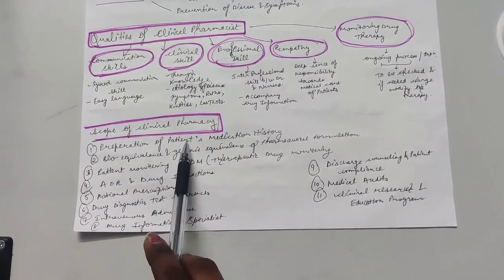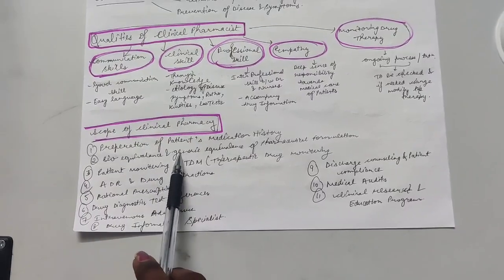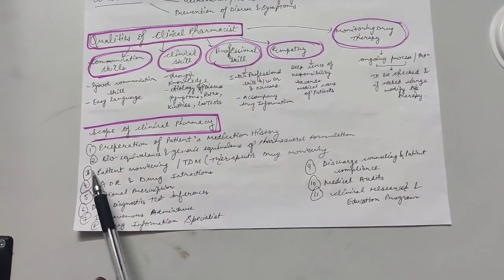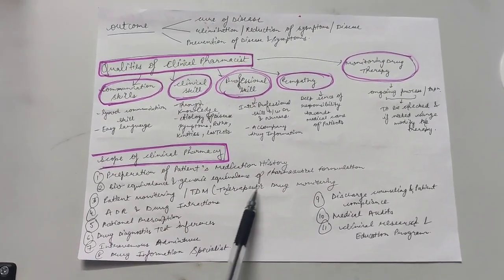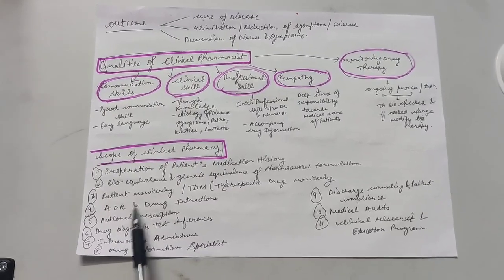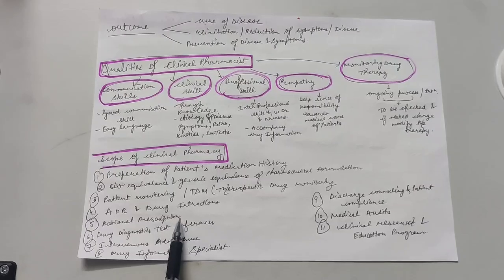preparation of patient medication history. Second, bioequivalence and generic equivalence of pharmaceutical formulation. Third, patient monitoring and TDM, therapeutic drug monitoring. Fourth, ADR, adverse drug reaction and drug interaction. Fifth, rational prescription.